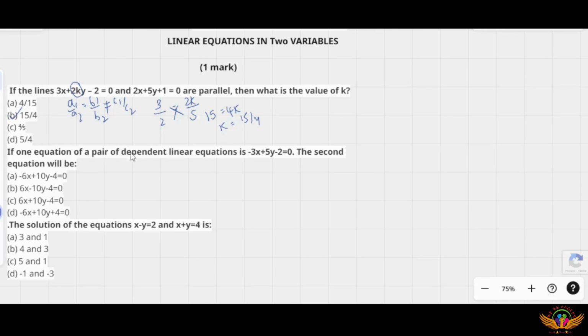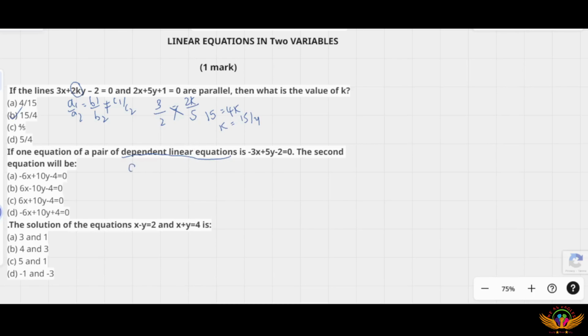If one equation of a pair of dependent linear equations is minus 3x plus 5y minus 2 equal to 0, the second equation will be. They are telling that it is a pair of dependent linear equations. For dependent linear equations, what is the condition actually?